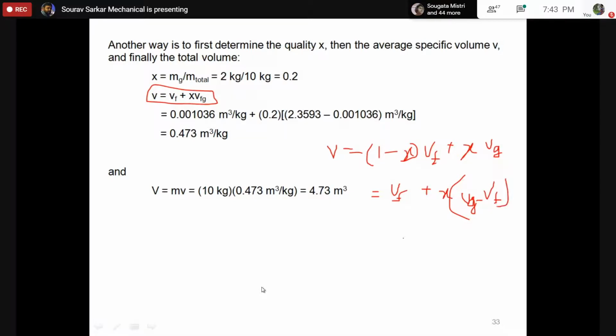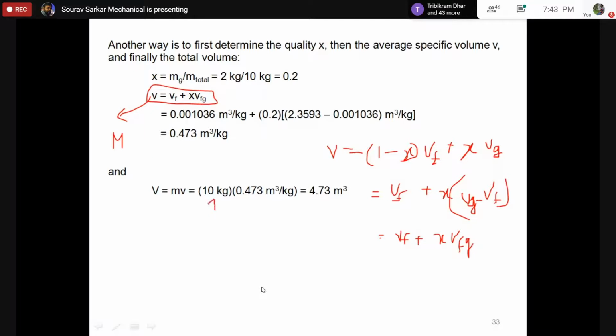So finally I can write VF plus X into VFG. That is why they have given you some FG values, but for volume it was not given. But finally in this way we can calculate the average specific volume. This is for the mixture.